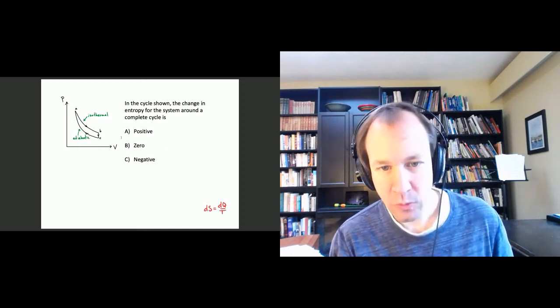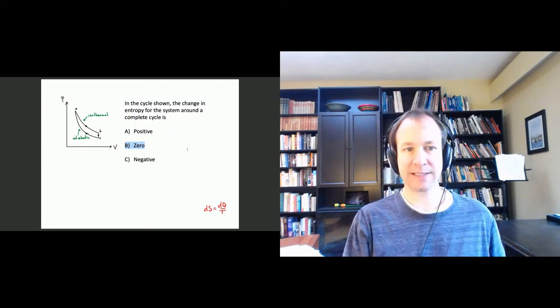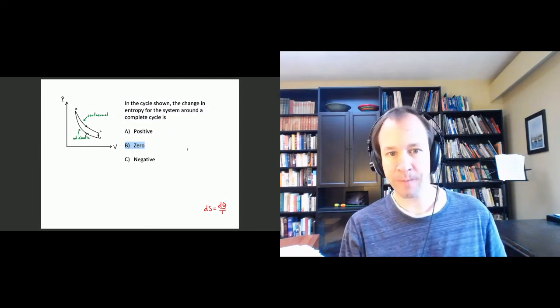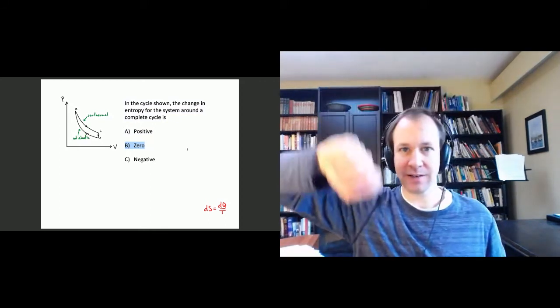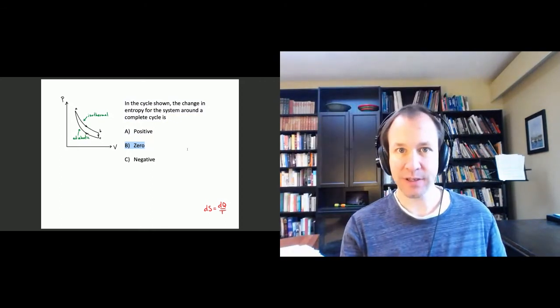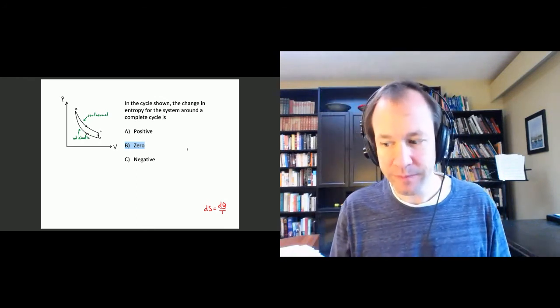Okay, well, the answer is that the change in entropy for the complete cycle is equal to zero. And it's the same reason why the change in internal energy around a complete cycle is equal to zero. It's because the entropy is a state variable.